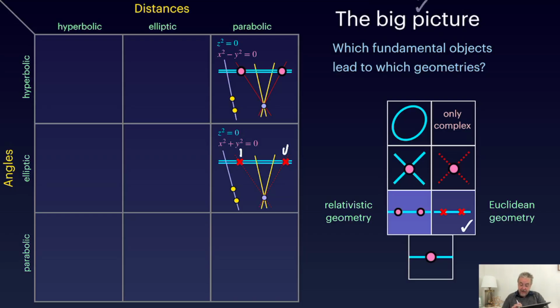degenerate case. So we understood this one, and let's now move to this situation here where you have a double point here. In that case, both the length measurement and the angle measurement are parabolic.